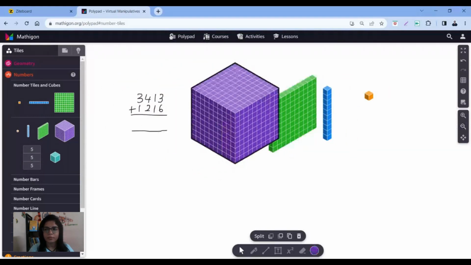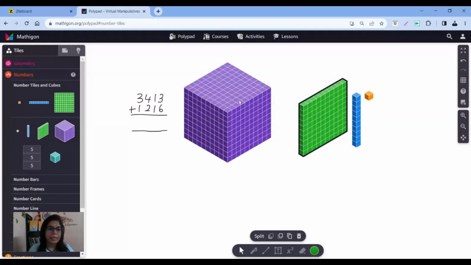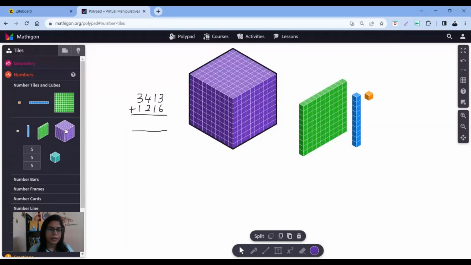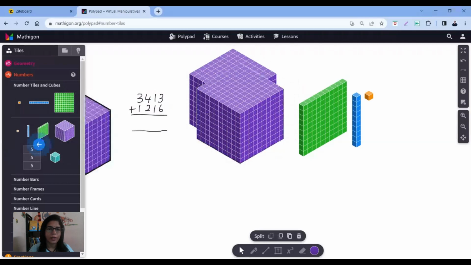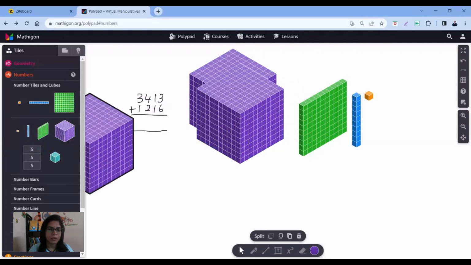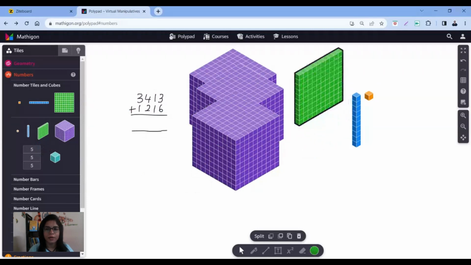So let's reduce the size of things for us to understand better. What we are going to do is represent the first number. This is 3,000, right? So we will need three such boxes, because it's 3,000, isn't it? Then this is a 100, the green color.